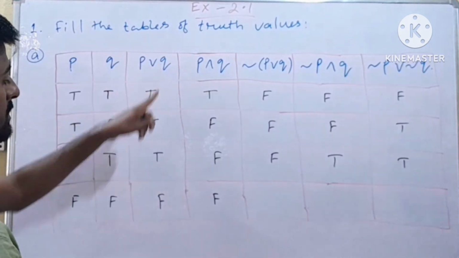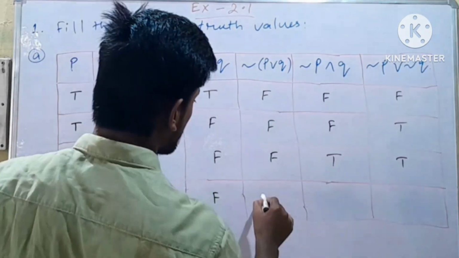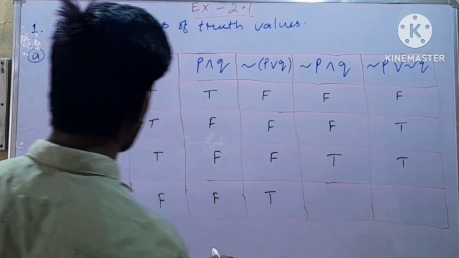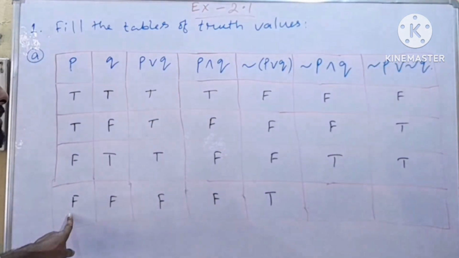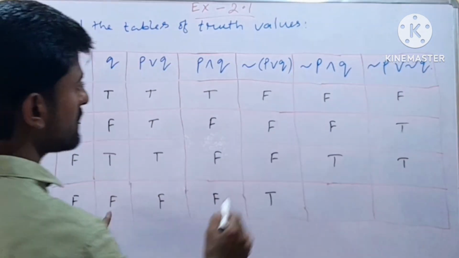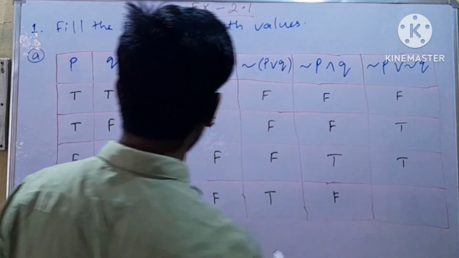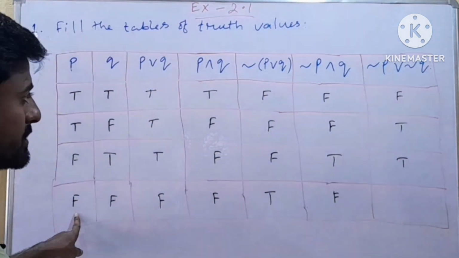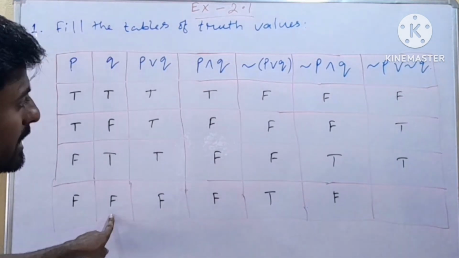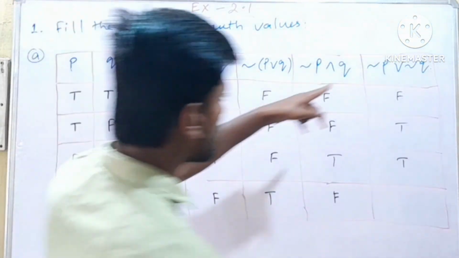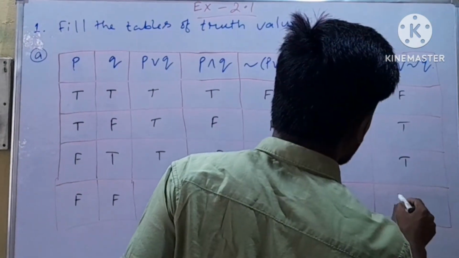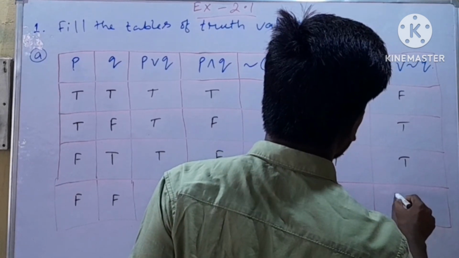Since P disjunction Q is false, so negation of P disjunction Q will be true. P false, negation of P will be true, Q false, so true conjunction false will be false. P false, negation of P is true, Q false, negation of Q is true, so therefore negation of P disjunction negation of Q will be true.